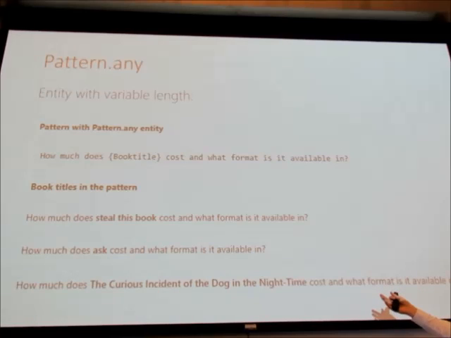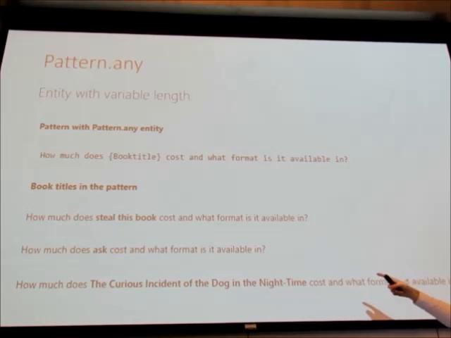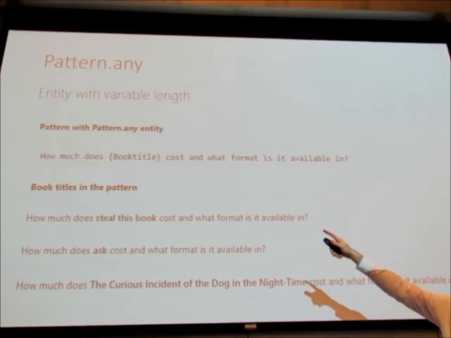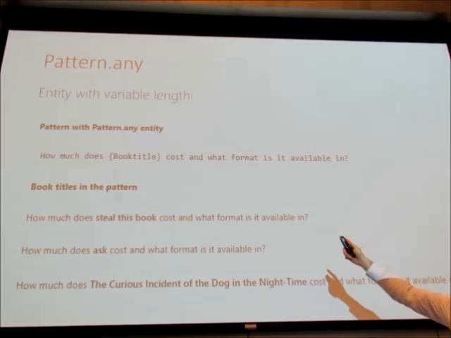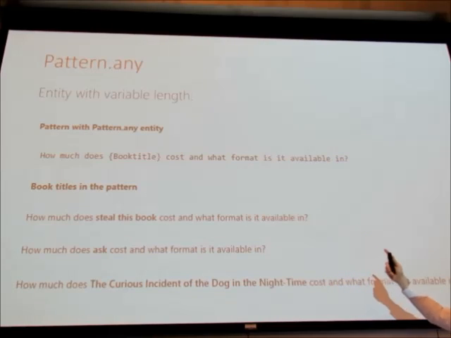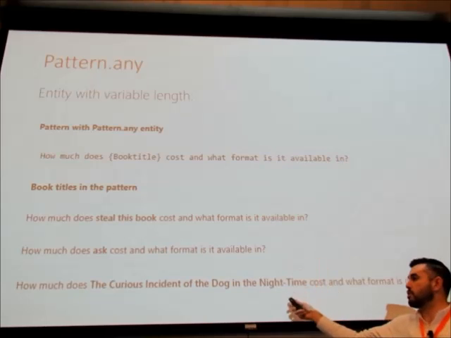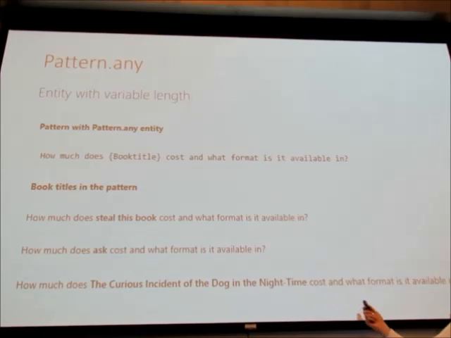A really good example for Pattern.any is a book title. You can have a really long title or a really short title. But if you say, how much does book title cost, for example, if it sees how much does, and it starts learning on it, it'll try to put the remaining text into one entity. So I can say, hey, this is an actual book title. Don't try to understand it, like The Curious Incident of the Dog in the Night-Time.